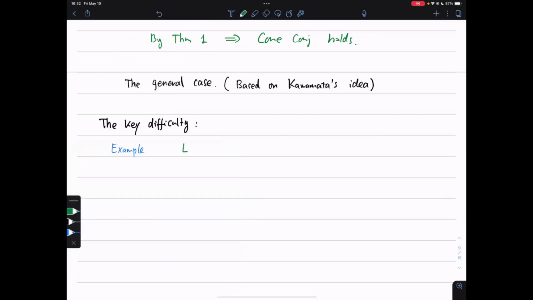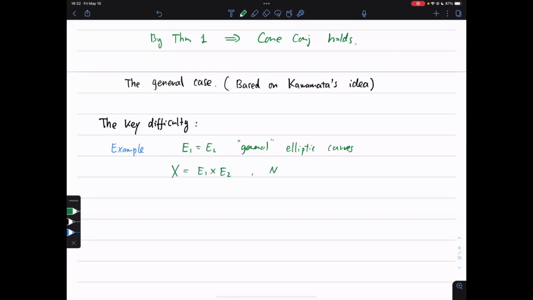So we consider E1 and E2 to be general elliptic curves. You don't need to know what general means. They are the same curve, but I denote them by E1 and E2. And then I consider an abelian surface, which is a product of these two curves. By the generality of the elliptic curve, the Néron-Severi group has dimension 3.